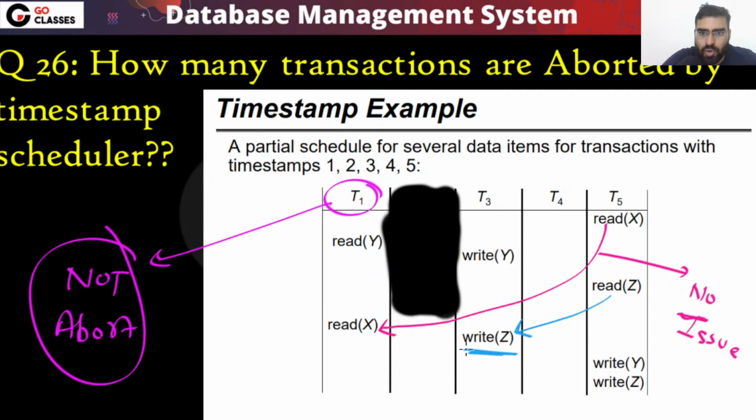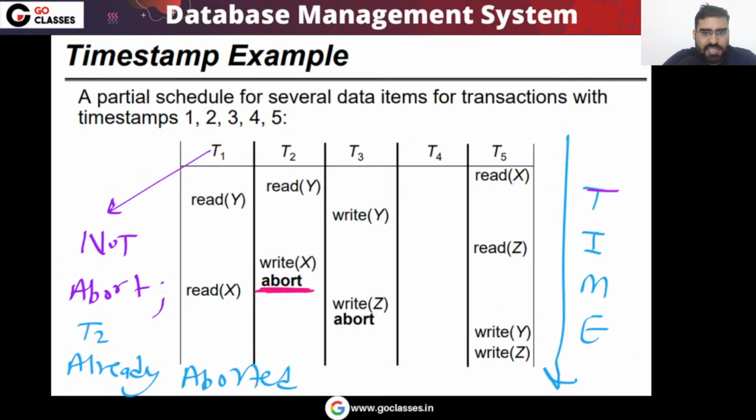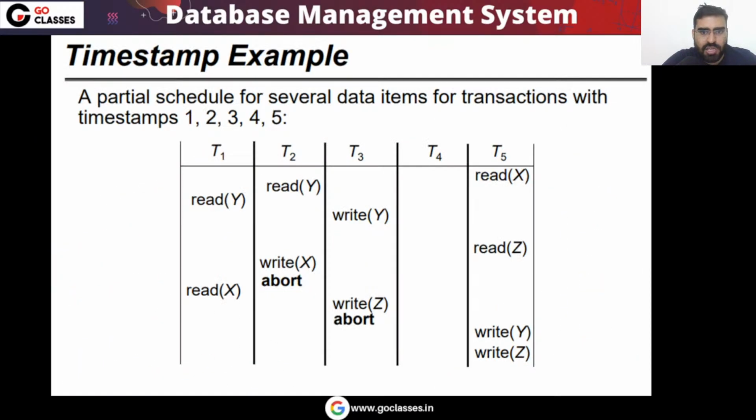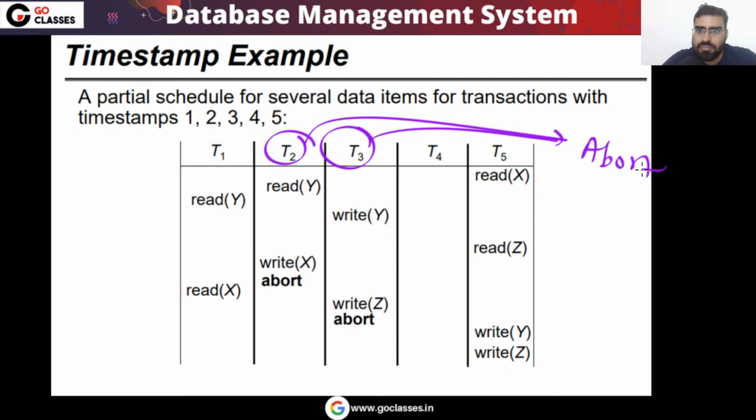At this point of time, T3 rolls back. T3 aborts. Now this T3 is also aborted, and that's it. Then there is no other problem. So finally the answer will be that two transactions are aborting: T1, T2. These are aborted. So the answer will be two transactions aborted.